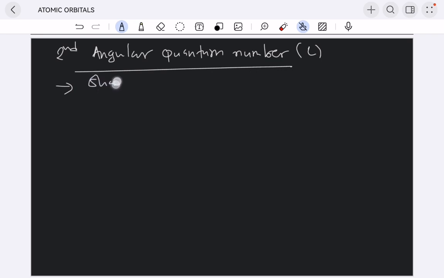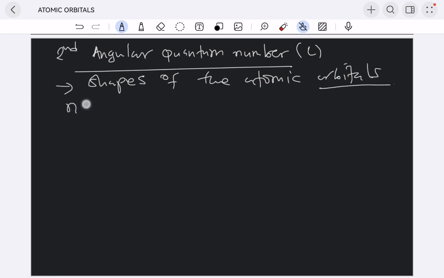So this describes the shape of the atomic orbitals. So there is a relationship between the principal quantum number and the angular quantum number, and the relationship is that l is less than or equal to n minus 1.